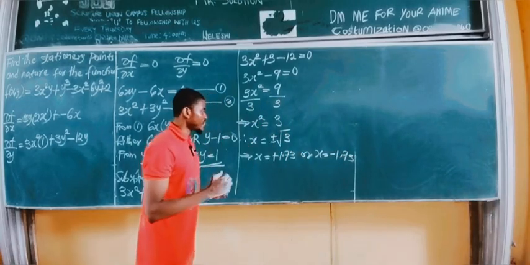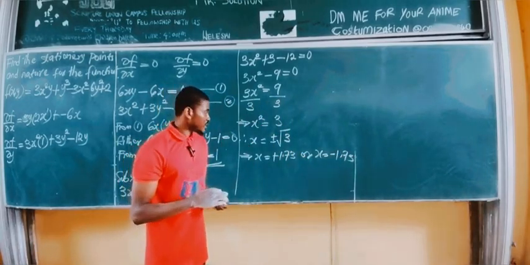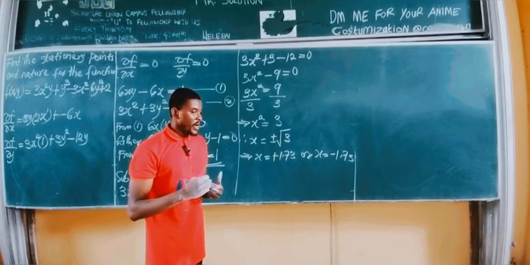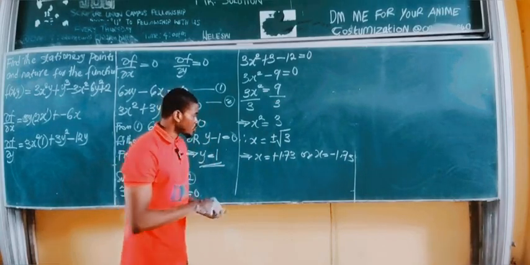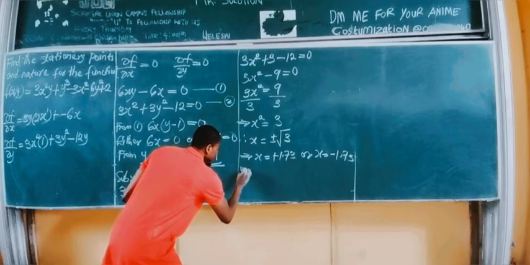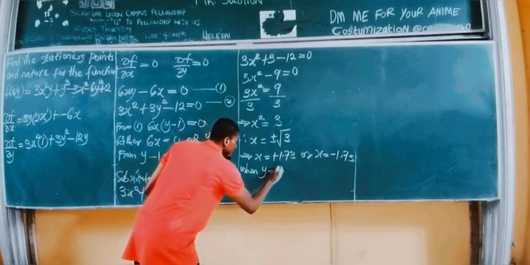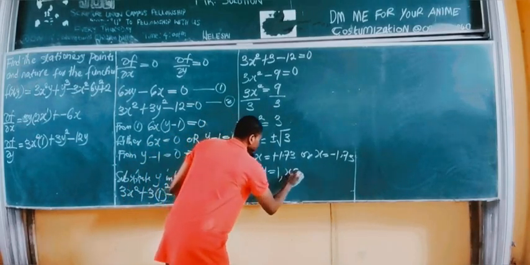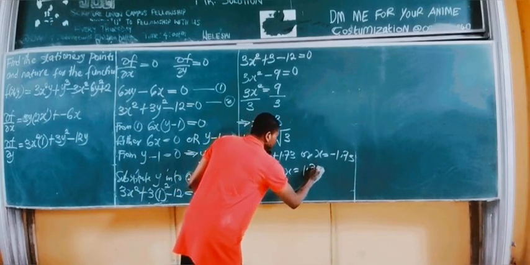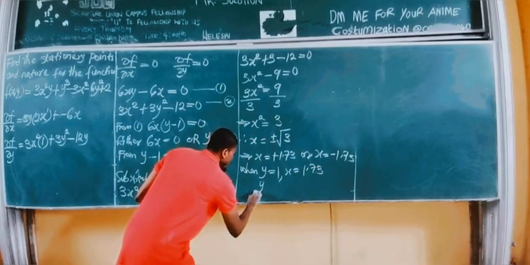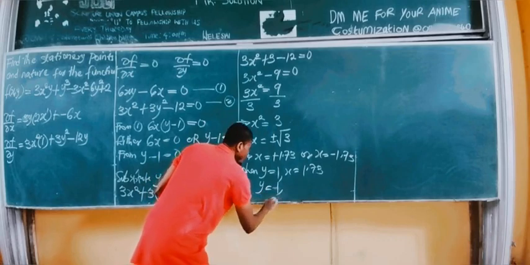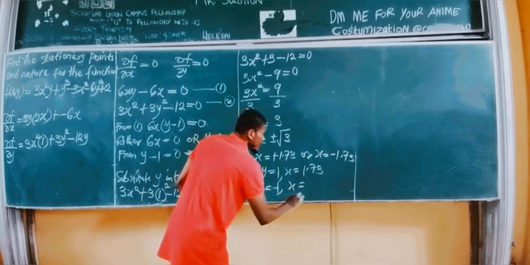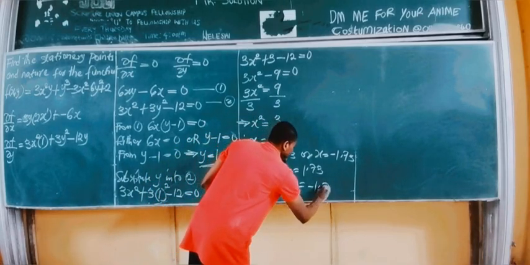So when y is equal to 1, we actually have two values of x. When y equals 1, we have x equal to 1.73. Also, when y is equal to 1, we also have x equal to minus 1.73.